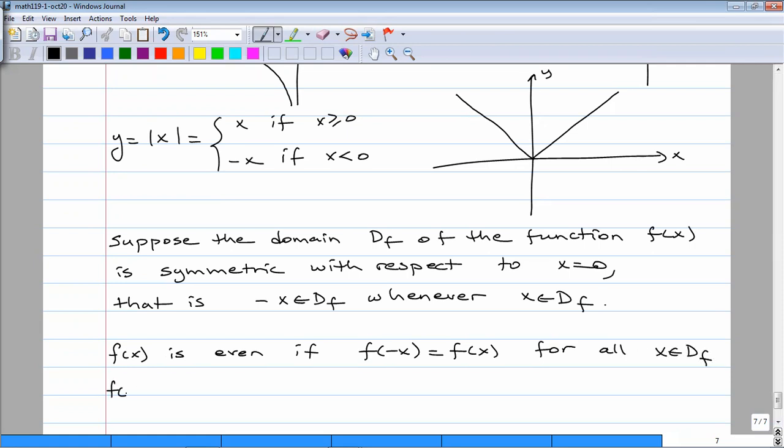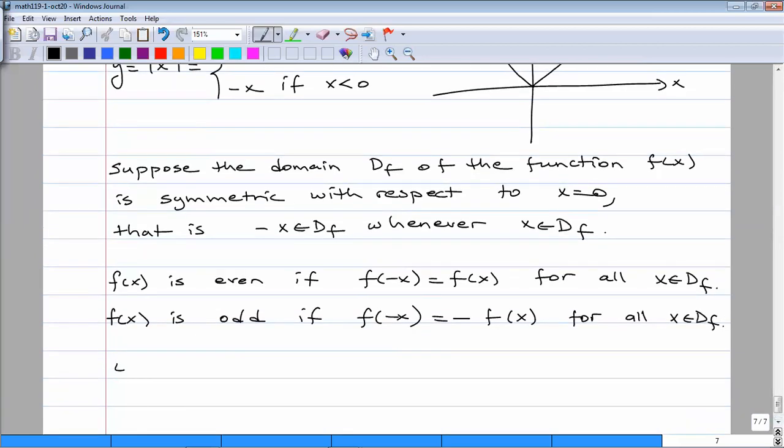And f is odd if f of minus x is minus f of x, again for all x in the domain. Example, f of x equals x squared is even. f of x equals x cubed is odd.